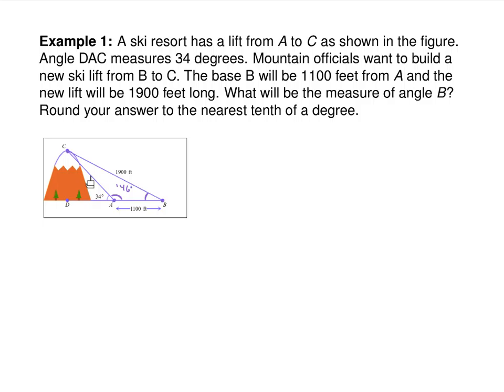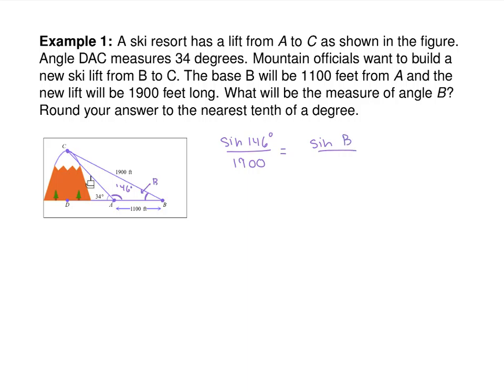So we know if we take sine of 146 over 1900, that's going to equal sine of, let's call this one, it doesn't really matter what letter we give it. What do you want to call that angle? B. Sure.